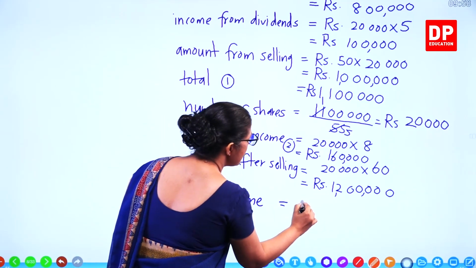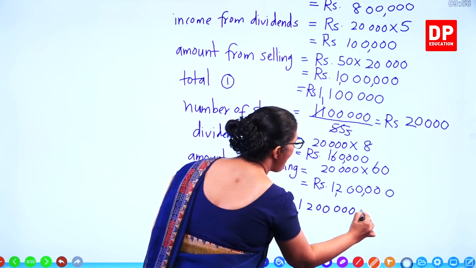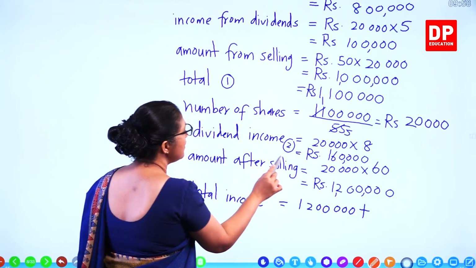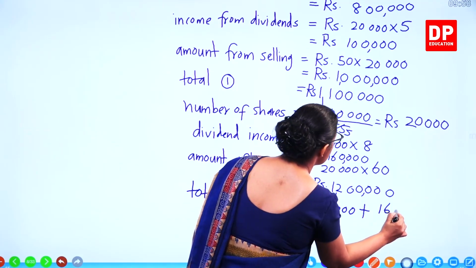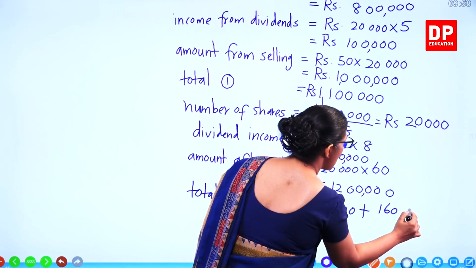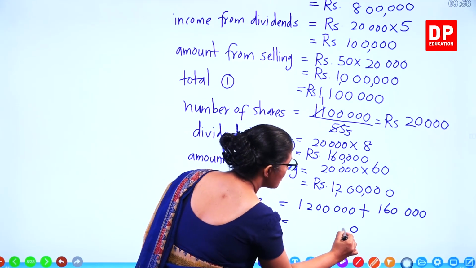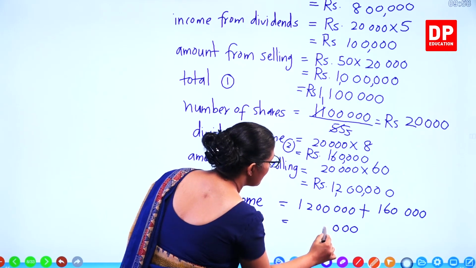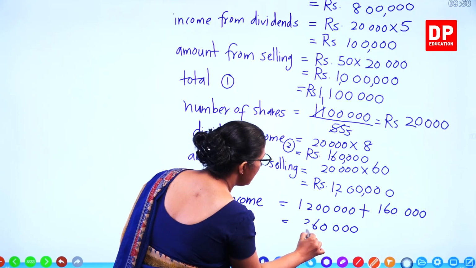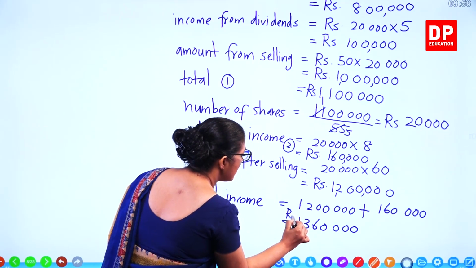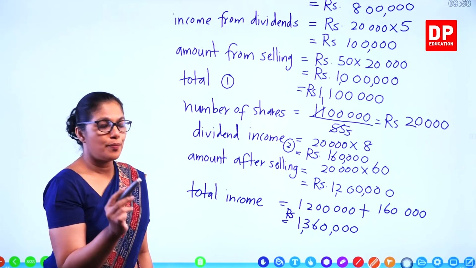So you have to add this amount, 1,200,000 plus the income from dividend, 160,000 rupees. 1,360,000 rupees income.